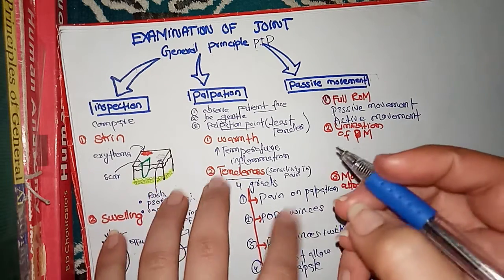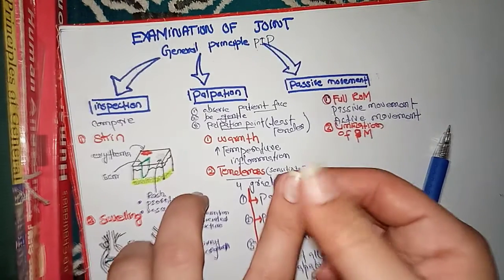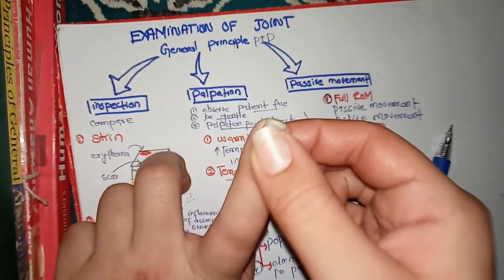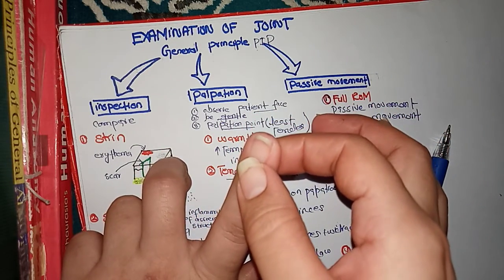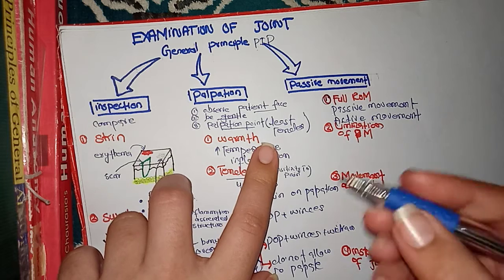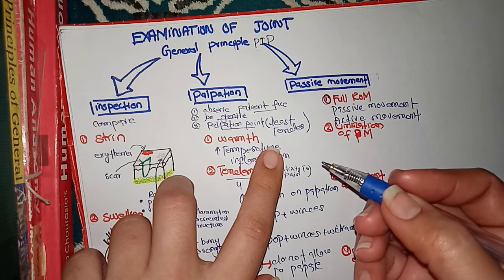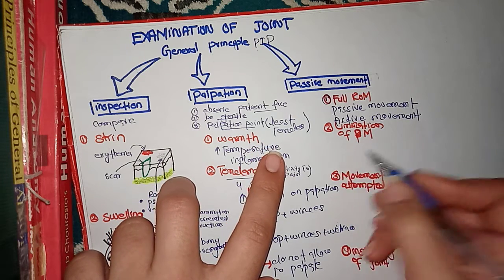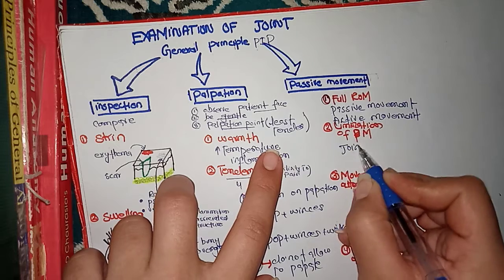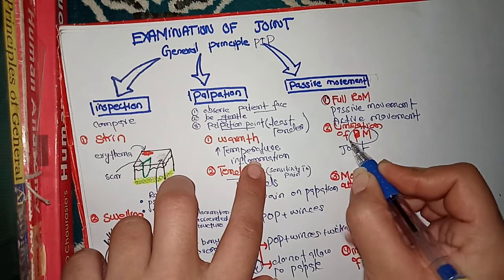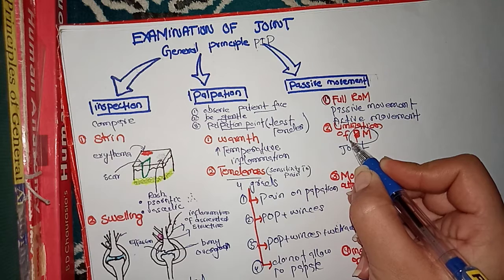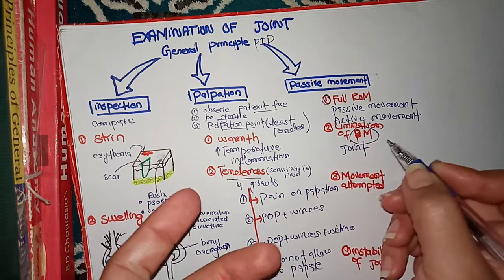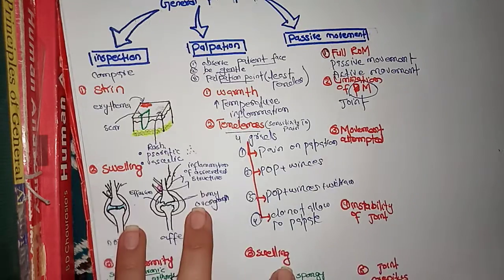If the physician moves the joint and the movement is restricted or limited, it means there is some kind of disease or abnormality in the joint. We mostly use passive movement as a diagnostic feature when we have to observe restriction of the joint, not active movement.